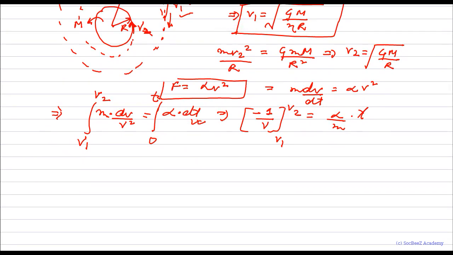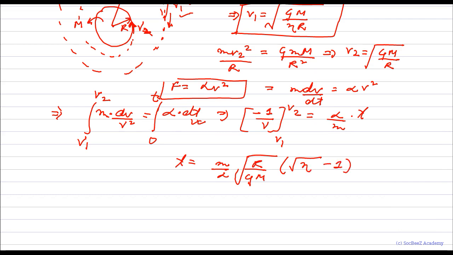If I put in the value of v1 as root over GM upon ηR and v2 as root over GM upon R, I'll get my value of t as m by α root over R by GM into root over η minus 1.